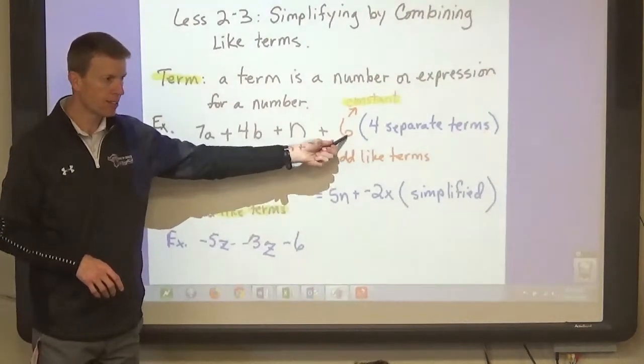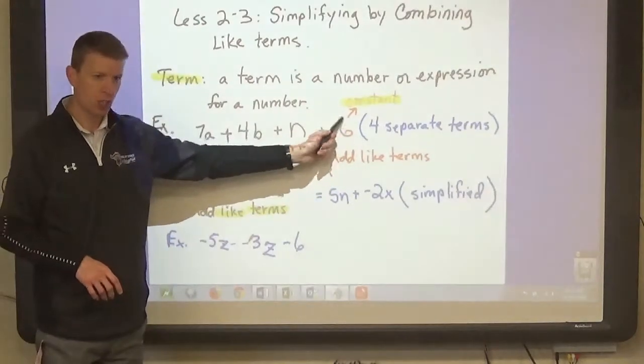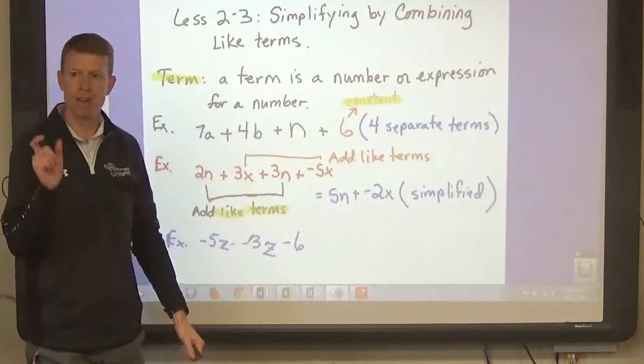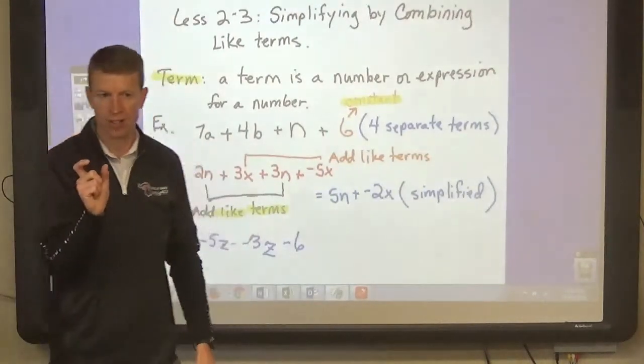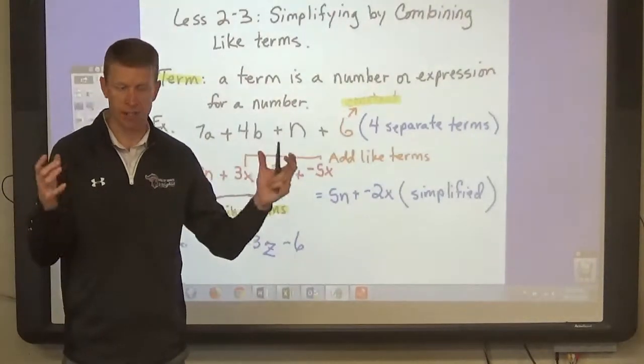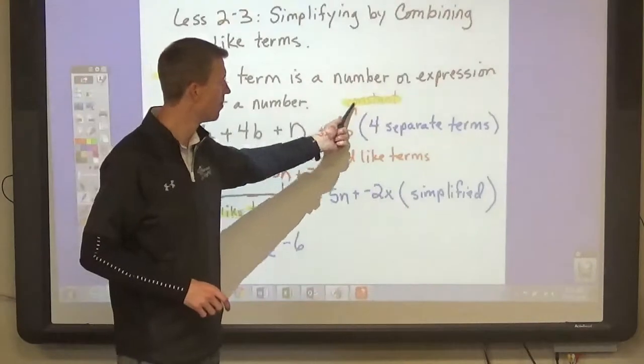And the number 6 is a term. When the term is just a number, we call that a constant term because the value of that doesn't change. 6 only means 6 of something. It doesn't mean 10. It doesn't mean another number. So we call that a constant term.